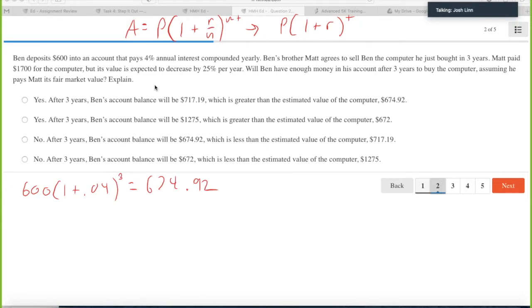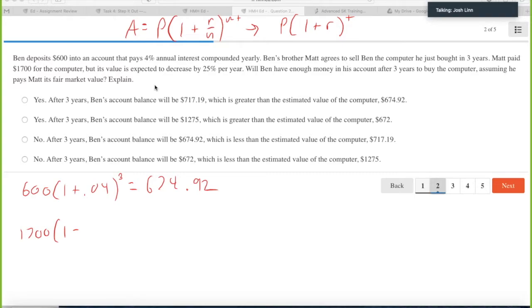In this case, our principal, or our initial cost, is $1,700, and it's 1 minus 0.25, because it's expected to decrease by 25%.